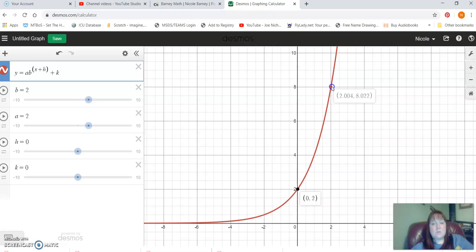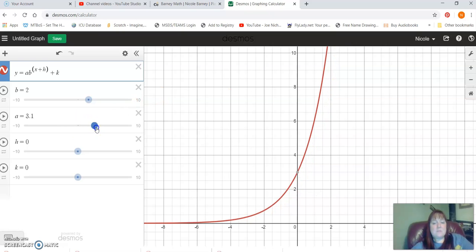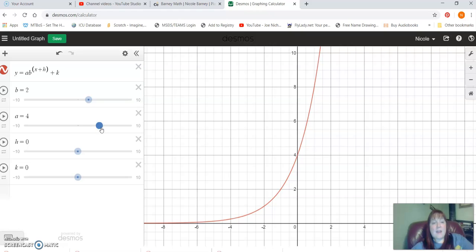It becomes 4 and then becomes 8. Okay, so hopefully it is making sense. So this a value is just going to multiply all of your y values by that number. And again, because that's your starting value, that's when you haven't grown or decayed it at all. That's how much it's equal to.